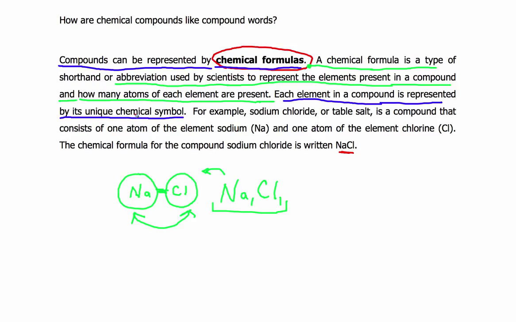This actually comes from the periodic table. So we can make a little note out here. This comes from the periodic table. Okay, and we're basically talking about the names of the elements that are there.